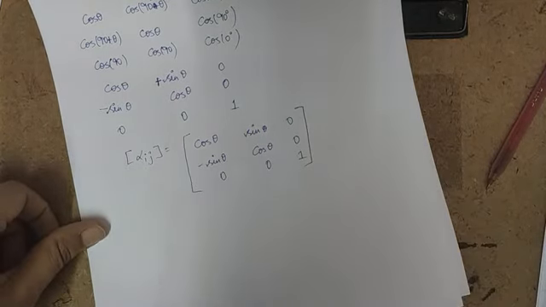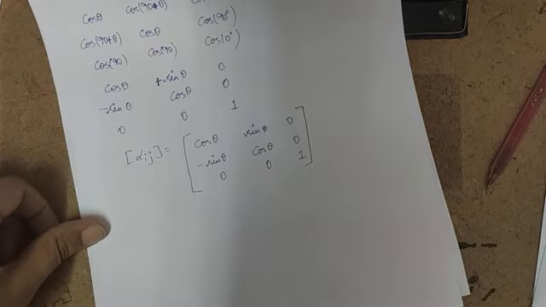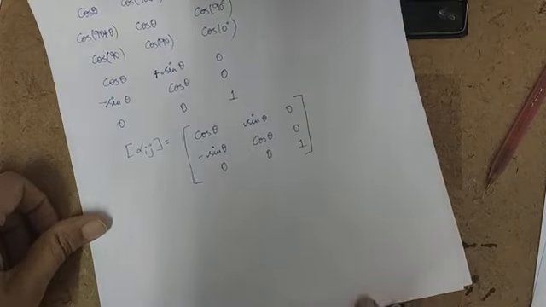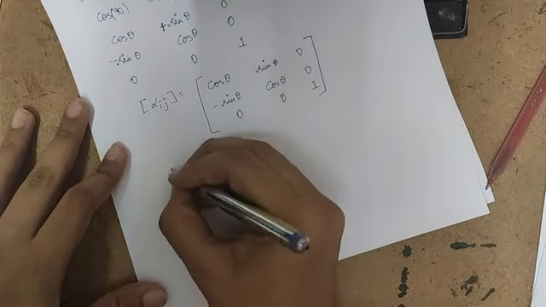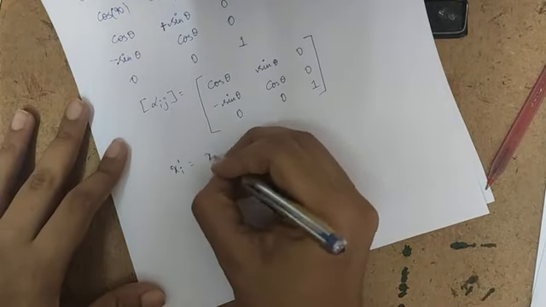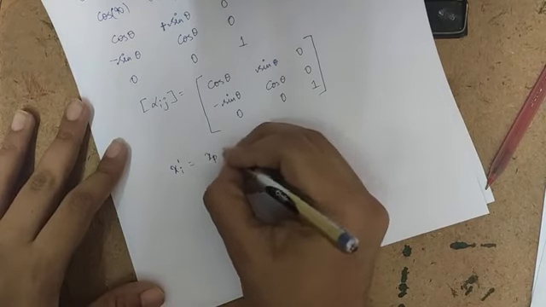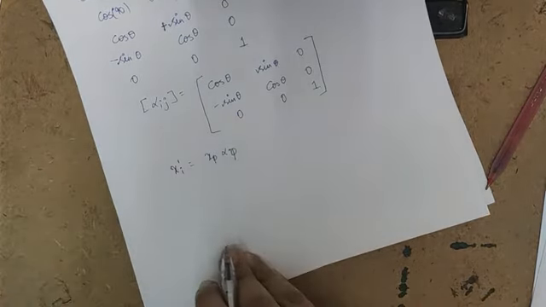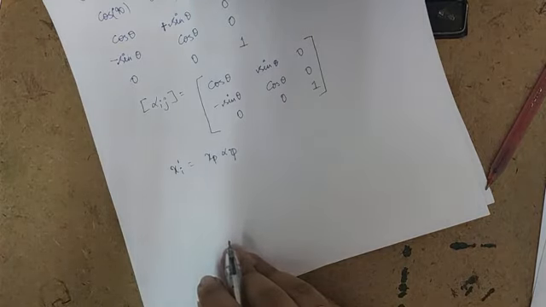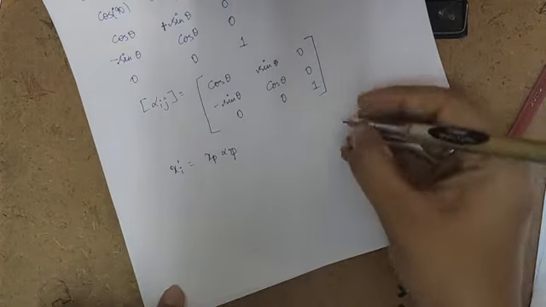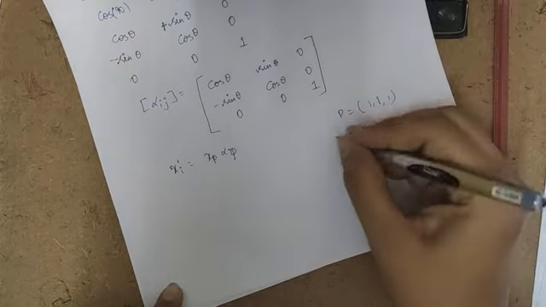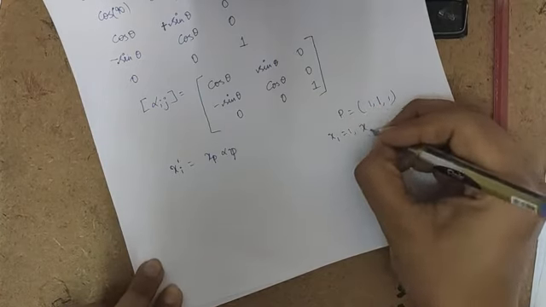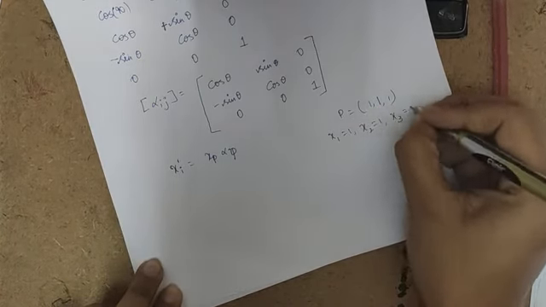So the next part of the problem is they have given the coordinate of the point P in the xi system. We should find it out in the xi prime system. So we know the relation between xi and xi prime system, that is xi prime is equal to xp into alpha ip. So if you give values to p and i, you will get the new coordinate system. We know p is equal to 1 comma 1 comma 1, that is nothing but x1 is equal to 1, x2 is equal to 1 and x3 is equal to 1.